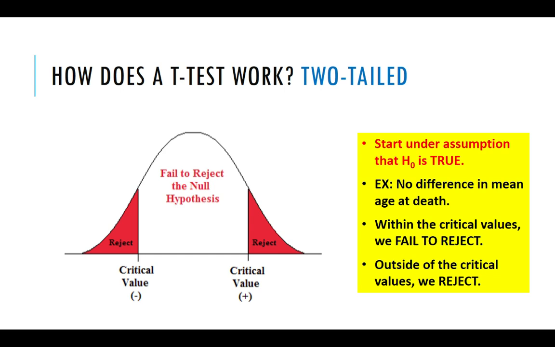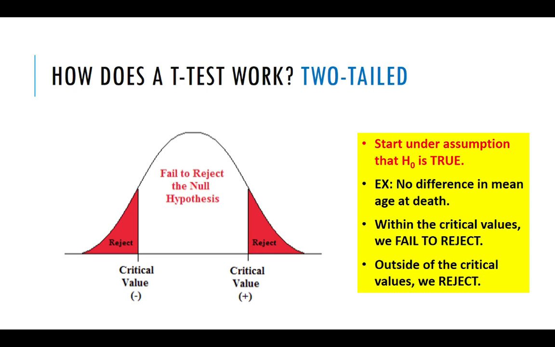So take a look at this distribution for a second if this is new to you. We're basically dividing our values into a region where we can't reject the null hypothesis. That's in the middle. And then you see the red sections on each tail. Well, that's the region where we can reject the null hypothesis.